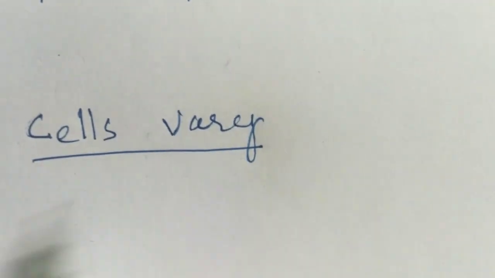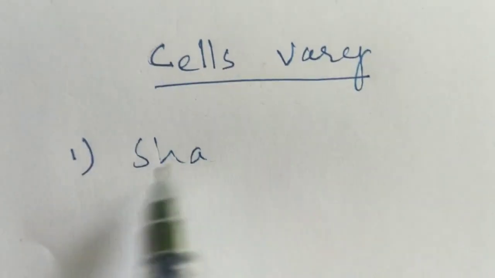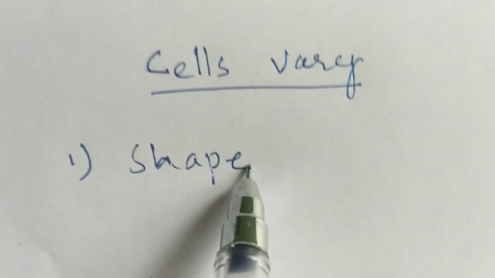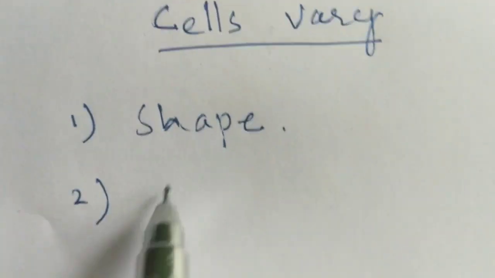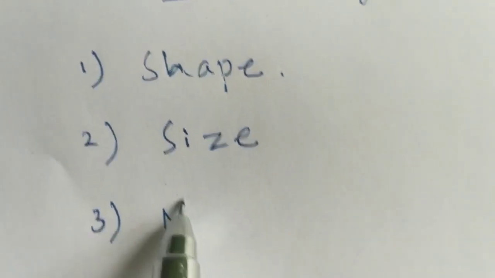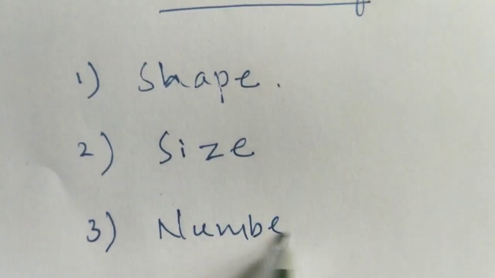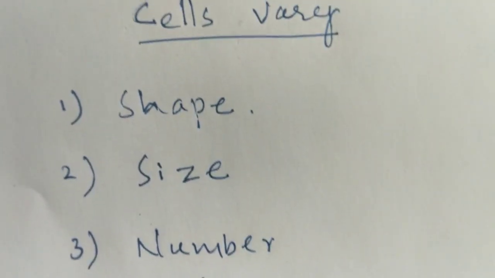Do all organisms have the similar type of cells? No. The cells vary in their shape, in their size and number from one organism to another.